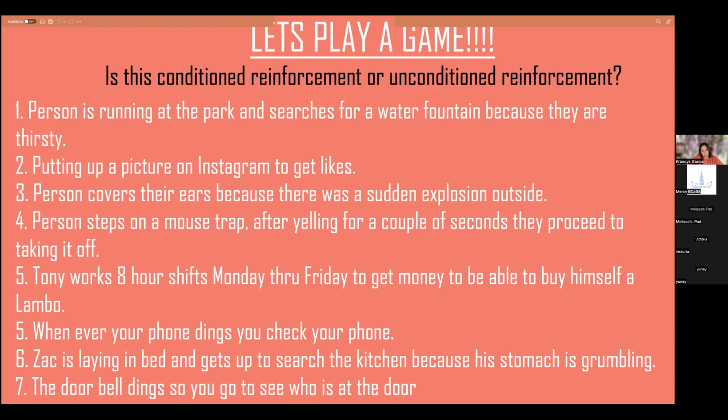Number 5, Tony works 8-hour shifts Monday through Friday to get money to be able to buy himself a Lambo. Number 6, whenever your phone dings, you check your phone. Number 7, Zach is lying in bed and gets up to search the kitchen because his stomach is grumbling. And number 8, the doorbell rings, so you go to see who is at the door.